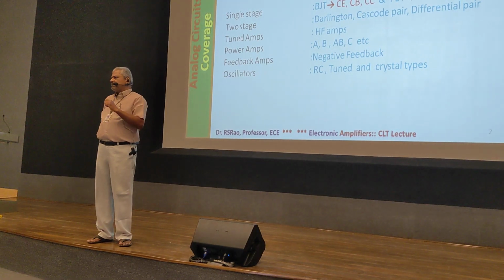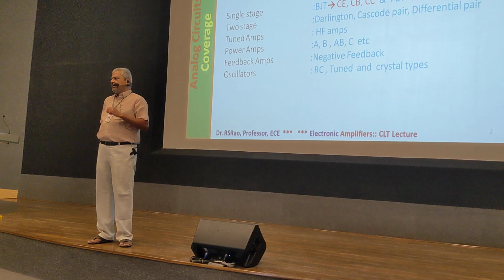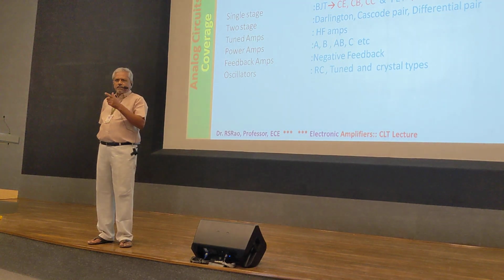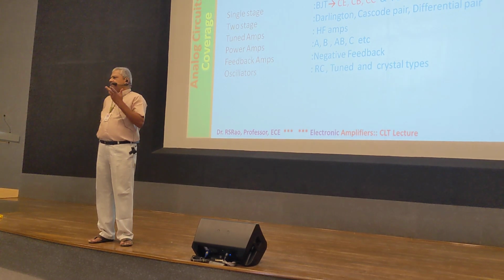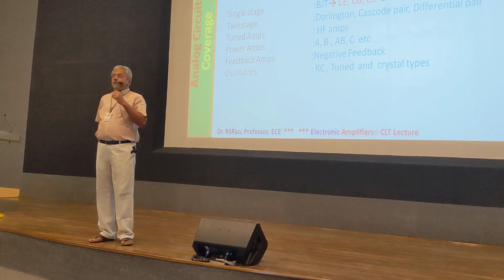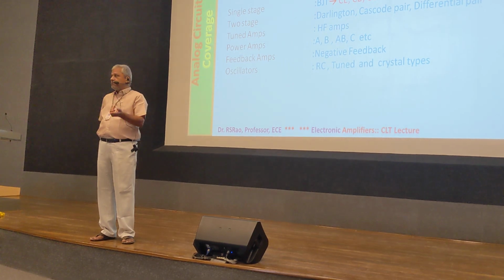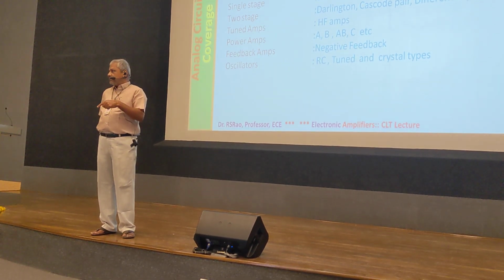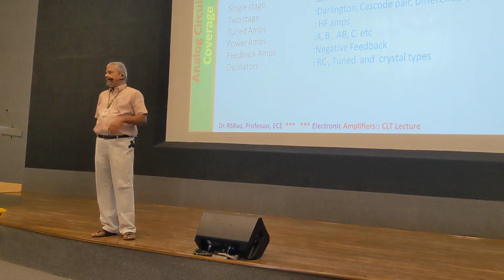A voltage amplifier requires high input impedance and low output impedance. But as you might have studied the CB configuration last time, CB's input impedance is low. Its output impedance is high. It's a drawback. For a voltage amplifier, input impedance needs to be high, but CB is a voltage amplifier and its input impedance is low. So somehow you have to increase its input impedance to a high level.